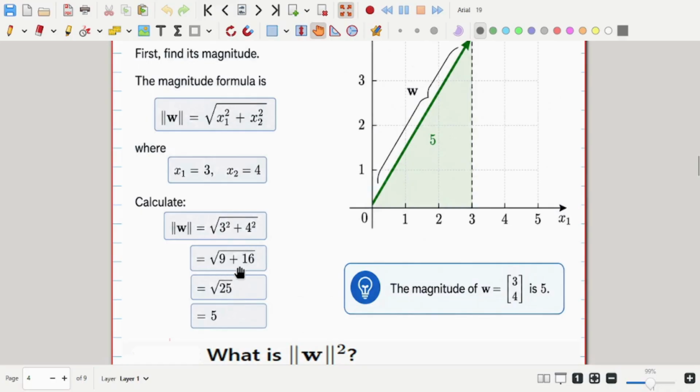So 9 plus 16 means 25. So it is the square root of 25. Square root of 25 means 5. Therefore the magnitude of W is 5. So this length is 5. This is called the magnitude of the vector.